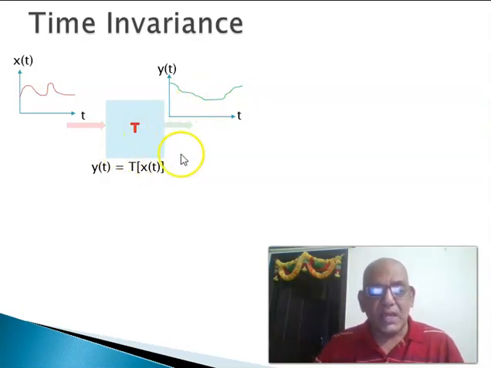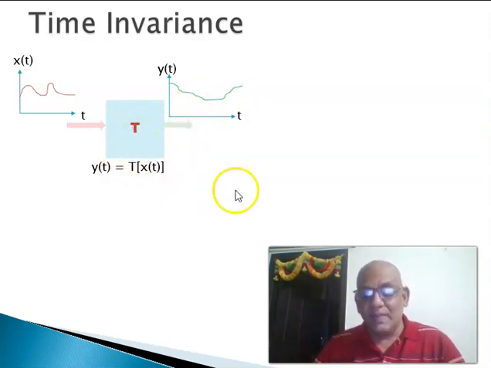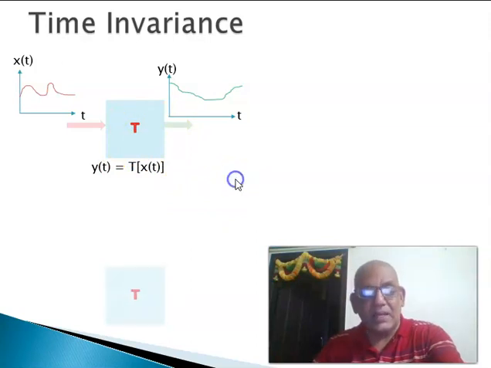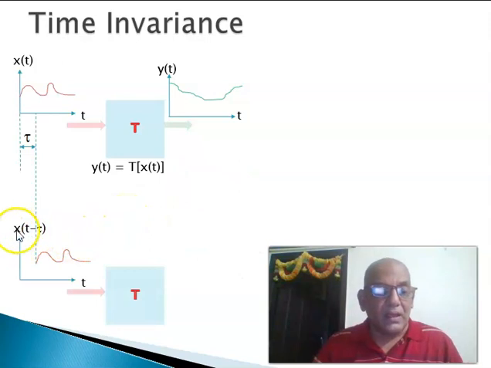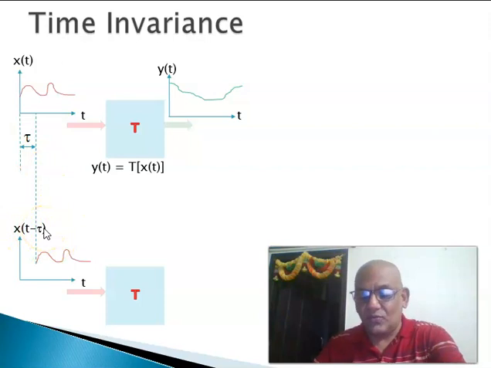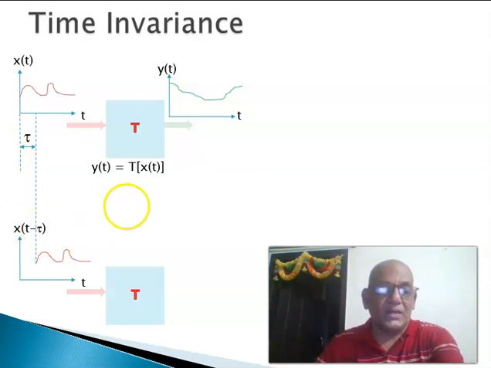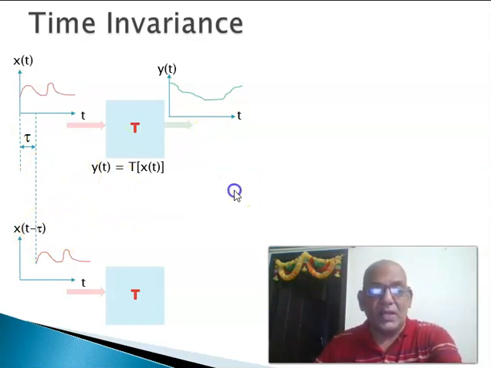Now to the same system T, let us say we apply an input as shown here, that is exactly the same shape but delayed by a time interval tau. The delay we represent as t minus tau. As you go along, you get used to the notation.